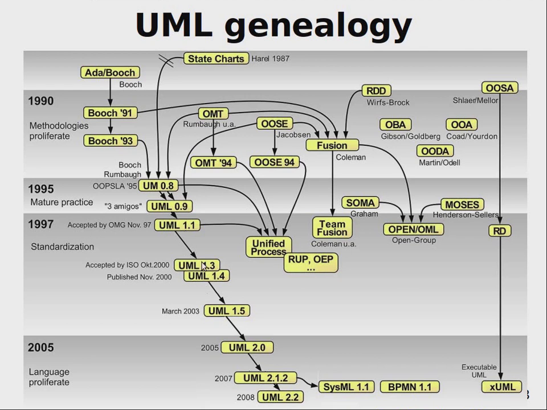But in the late 1990s, all these notations were organized, to see what is similar and what is dissimilar, and the UML standard was introduced.